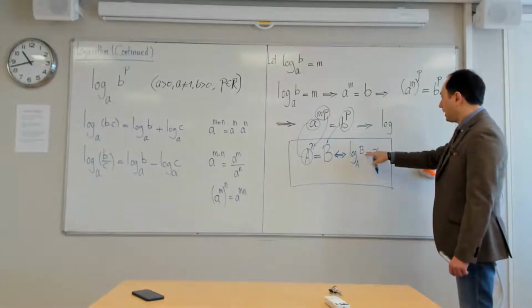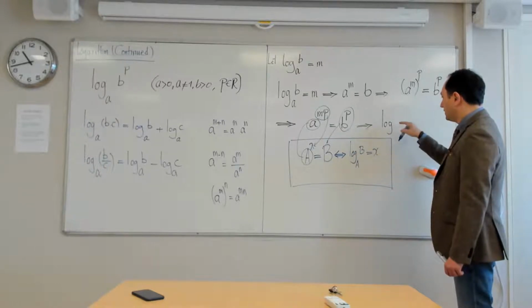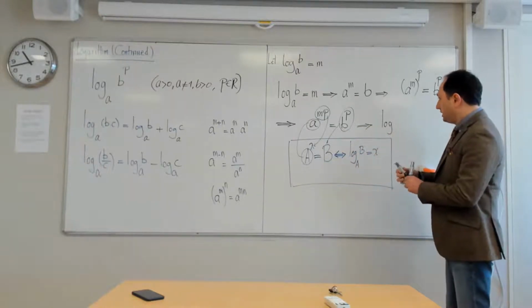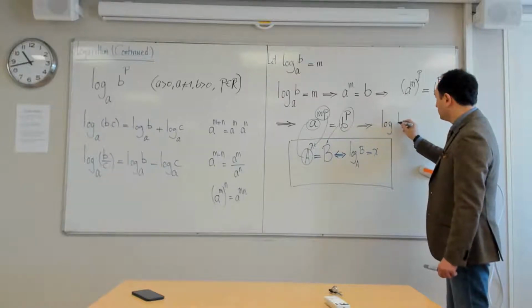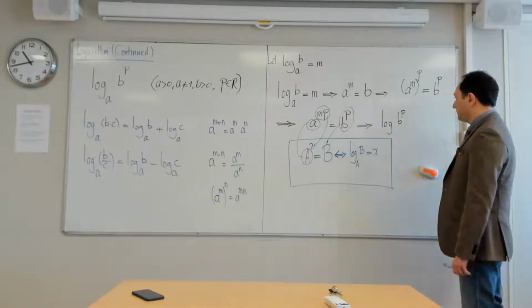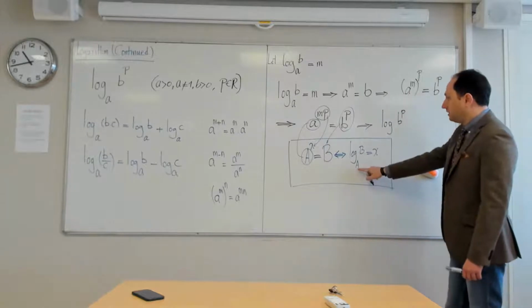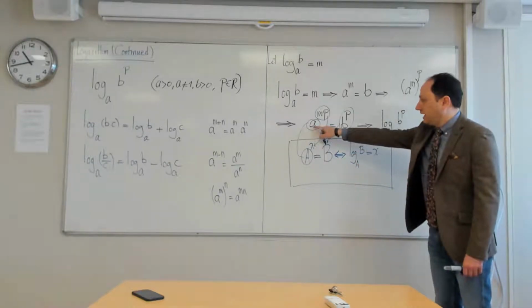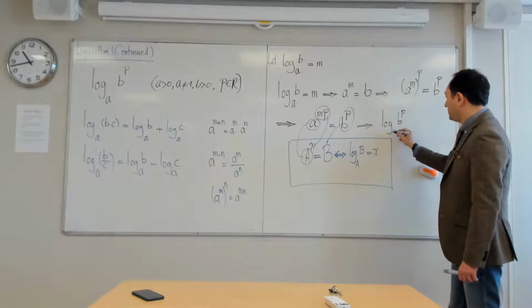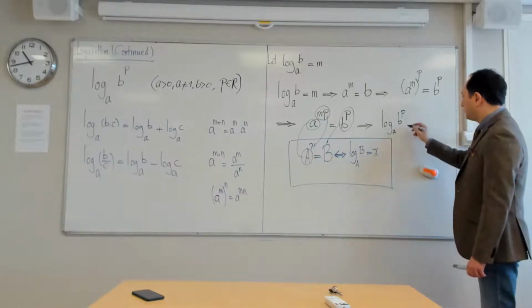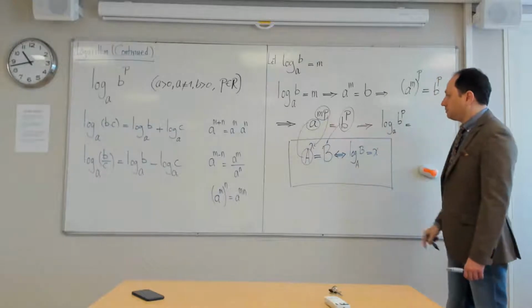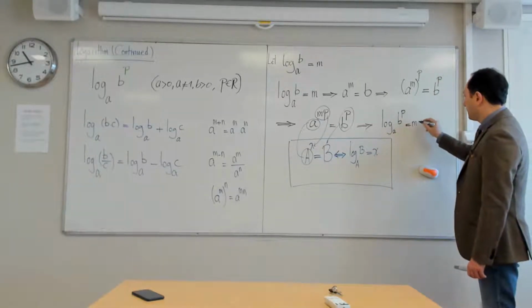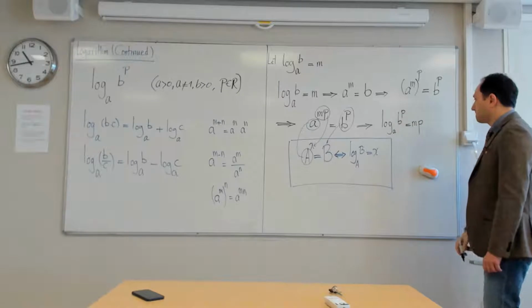And I want to write this in front. So instead of b, I put b to the p. Instead of capital A, this little a is playing the role of capital A in this context. And on the right-hand side, what is playing the role of x? mp is playing the role of x. That's it.